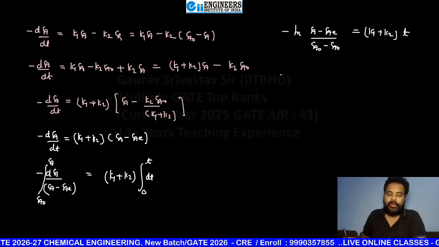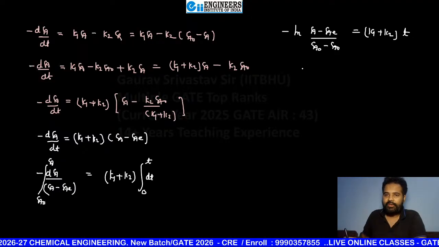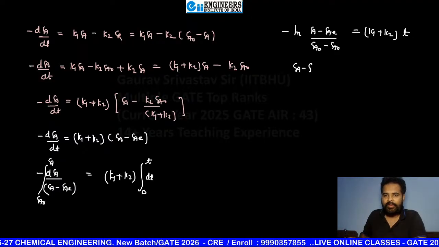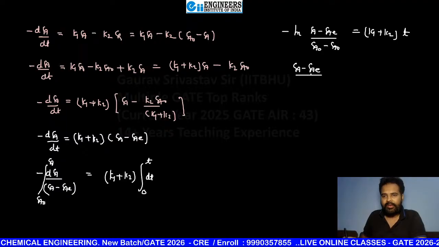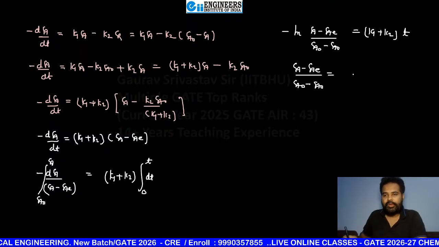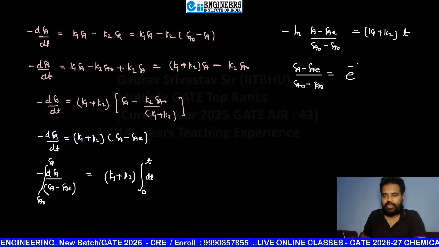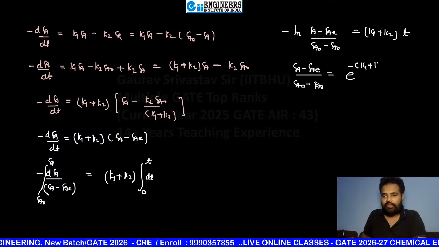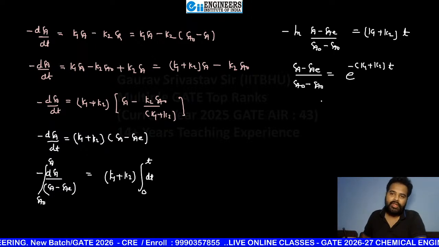Okay, now this minus I can put here on the right hand side, and then I can take exponential, so it will be e raised to power minus k1 plus k2 t.